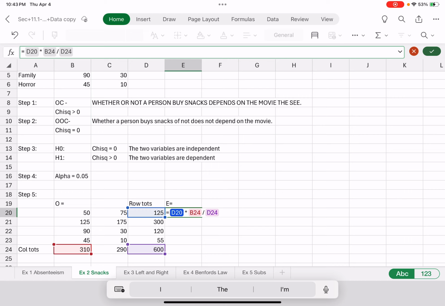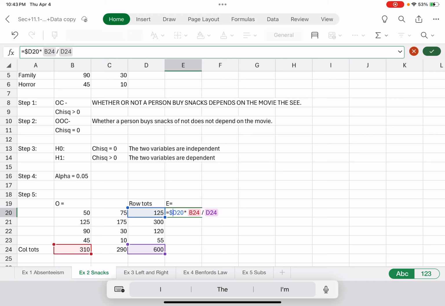So as I move my table, as I fill my table, I want the row total referenced not to change when I change my column. Because if I only change column, it is in the same row and therefore has the same row total. So I don't want to change the column. The column is indicated by the letter.